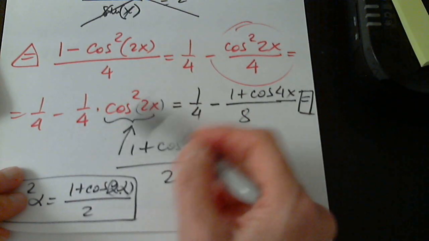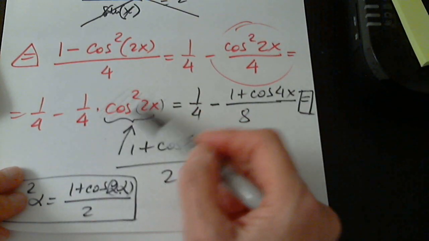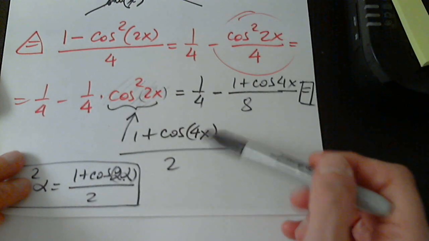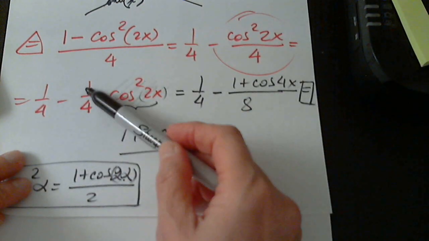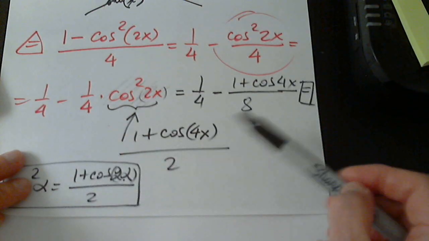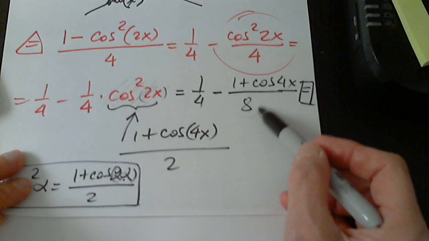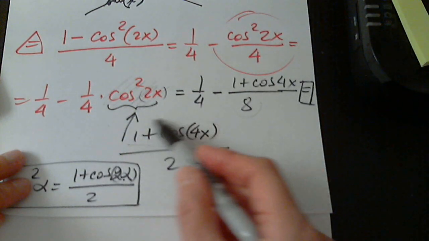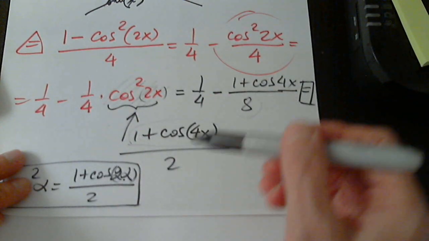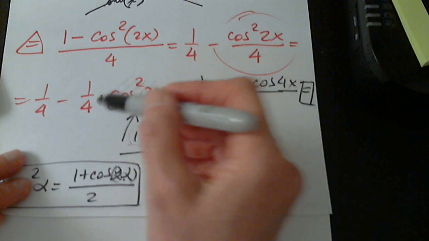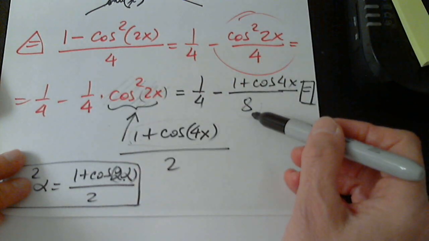And then we replace this by 1 plus cosine 4x over 2. So I copied 1/4. Minus 1 over 4 times 1 over 2 becomes 8 in the denominator. And I have to copy the numerator. So 1 over 4 times this over 2 is this at the top. 4 times 2 is 8.